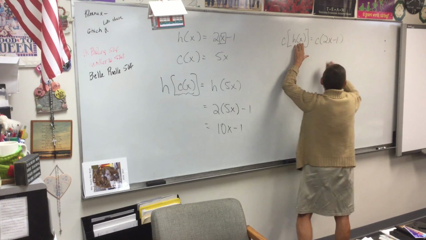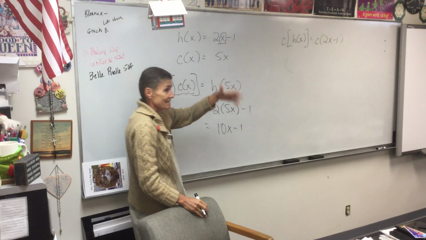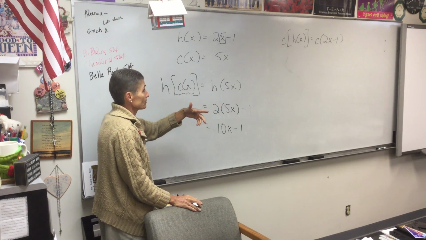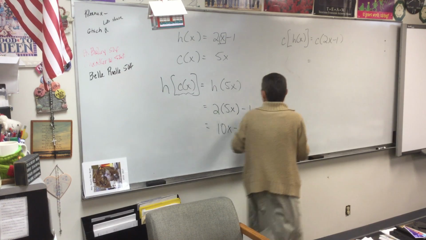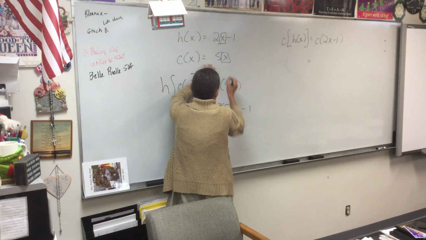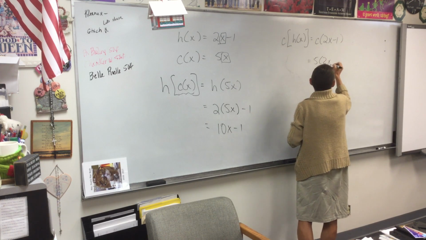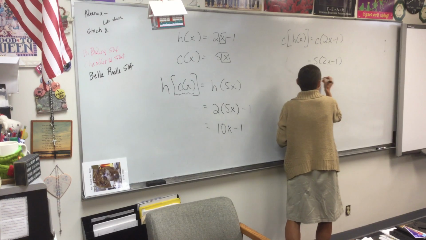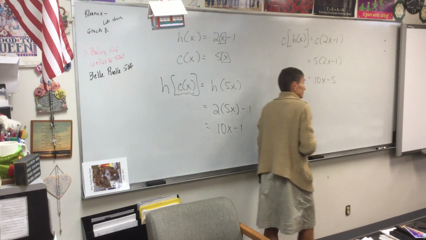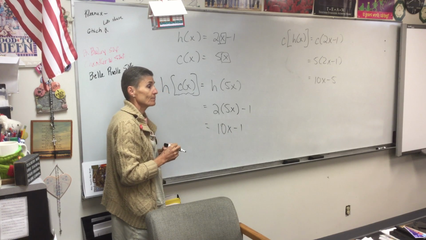So I'm going to put 2x minus 1 into c. So c of 2x minus 1 would be 5 times 2x minus 1, which is 10x minus 5.